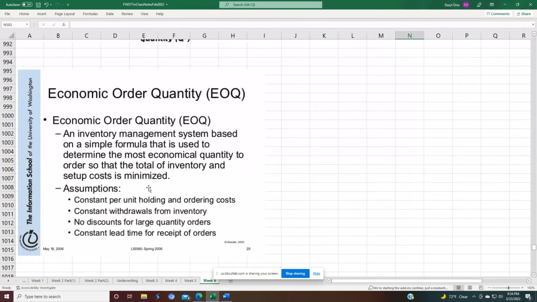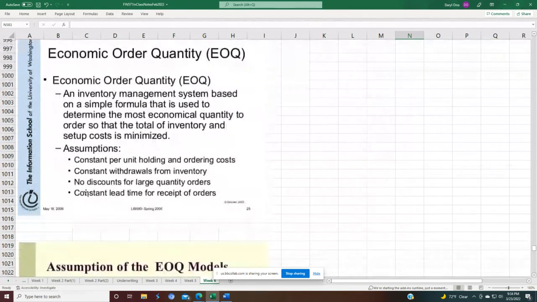That's what the economic order quantity is. So that you consistently order. Let's say that we come up with a number of 400. If you consistently order 400, you're going to minimize the warehousing costs and the ordering costs.